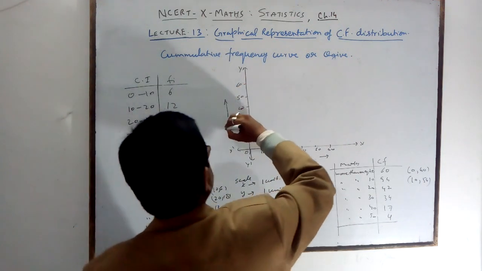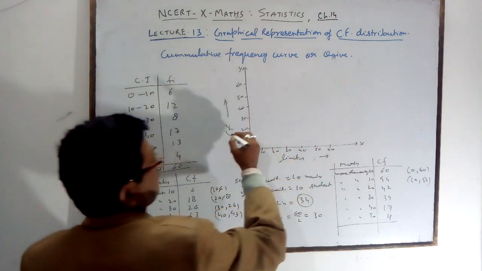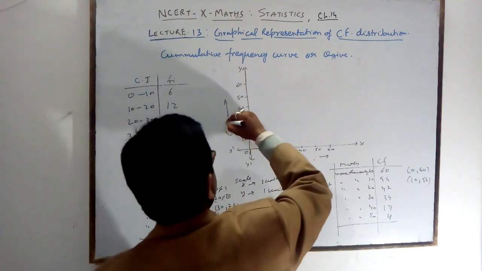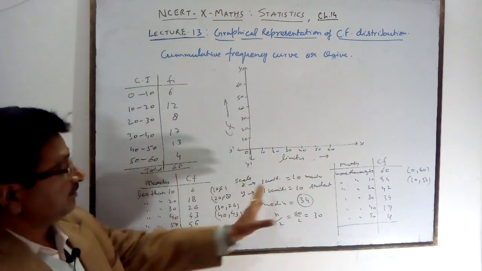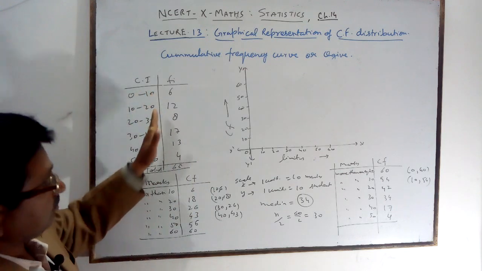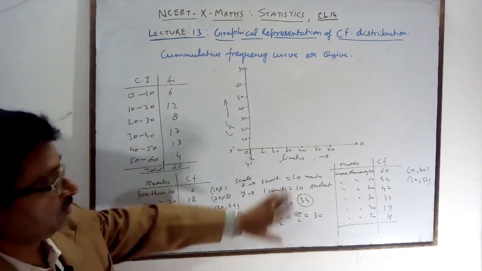Here you will write the CF, it is your CF, cumulative frequency. Limits means 0, 10, 20, all are here, upper and lower both.